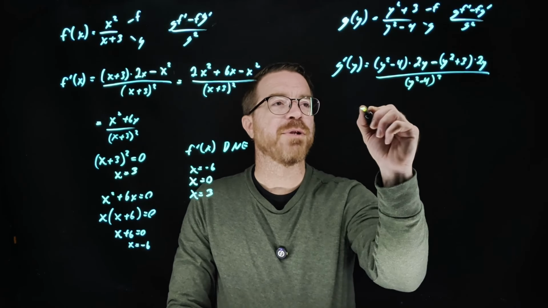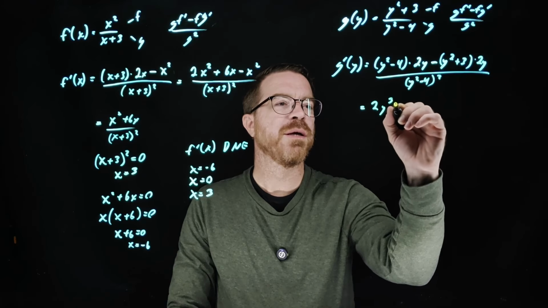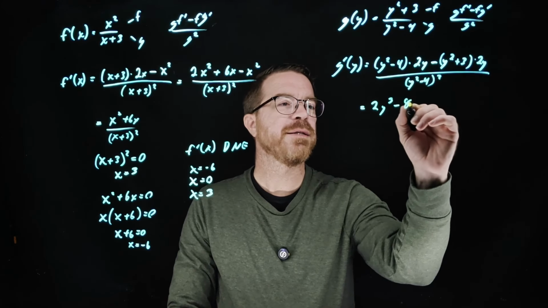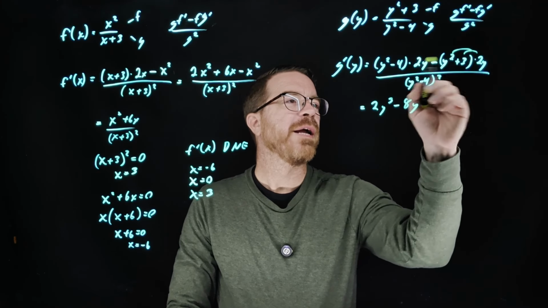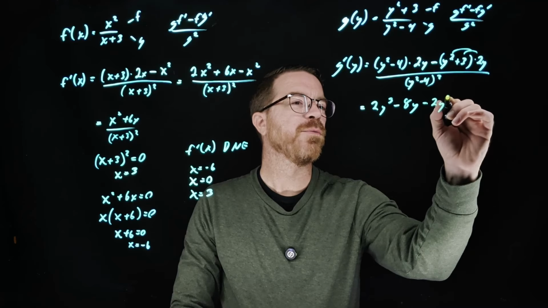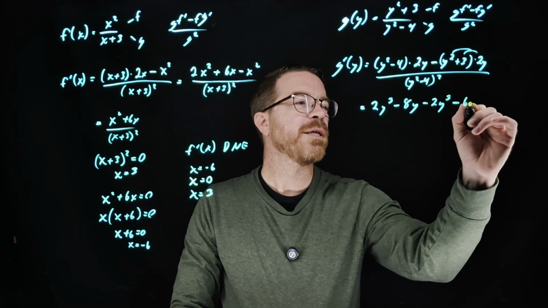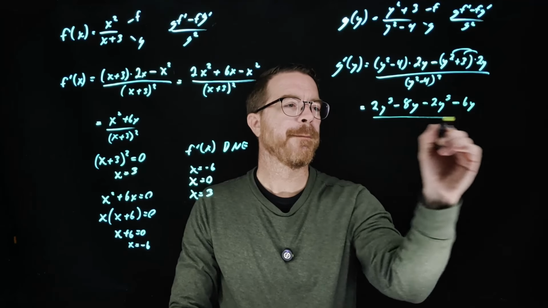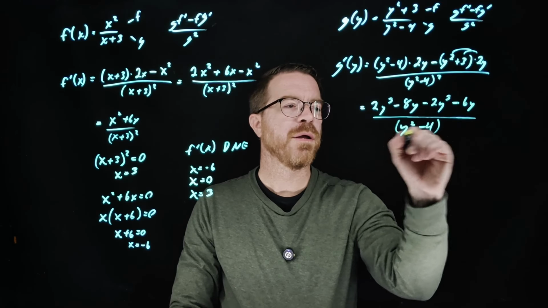Now let's clean this up a little bit. I'm going to distribute this 2y, so I'm going to get 2y cubed minus 8y. I'm going to distribute this 2y and the negative, so this is going to be minus 2y cubed minus 6y over (y squared minus 4) squared.